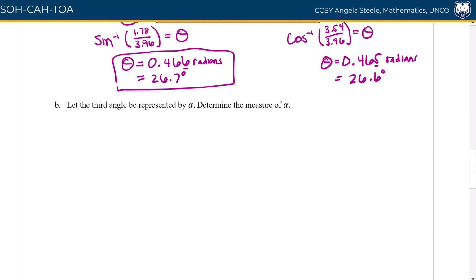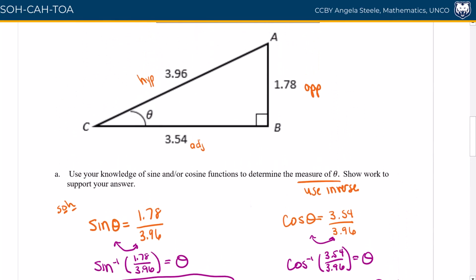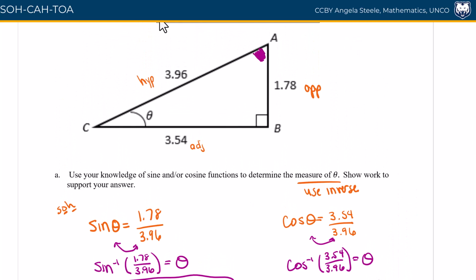All right, for part B, it says let the third angle be represented by alpha, and then we want to determine the measure of alpha. So there's actually multiple ways that we can find this. So let's go back up to our triangle. The angle at point A is now going to be our alpha, because that is the other angle that is missing, which means that the names of our sides are going to change.